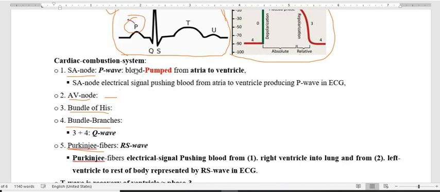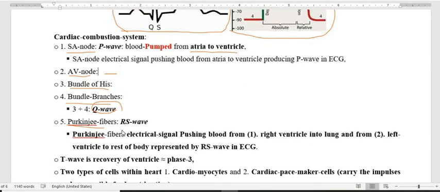in which the blood is moving from the atrium to the ventricle, indicated by the P wave, whereas the bundle of His and bundle branches both indicate the Q wave, and the Purkinje fiber participates in the generation of the RS wave.